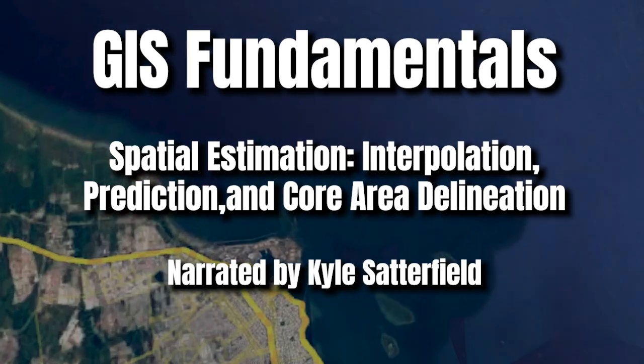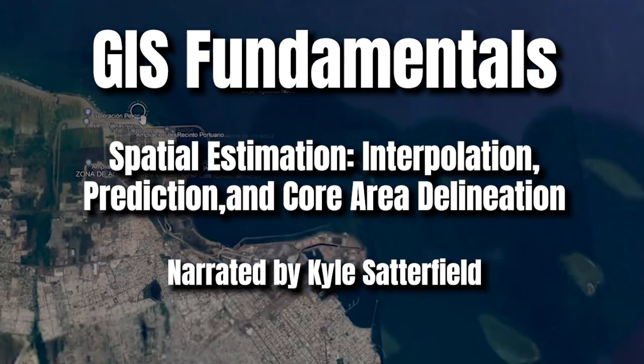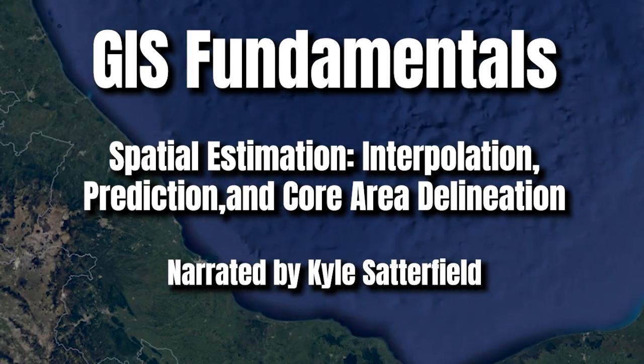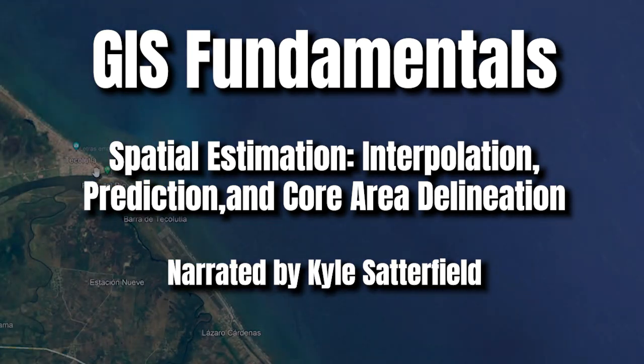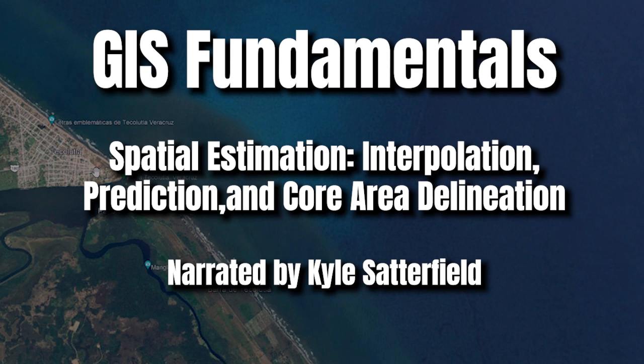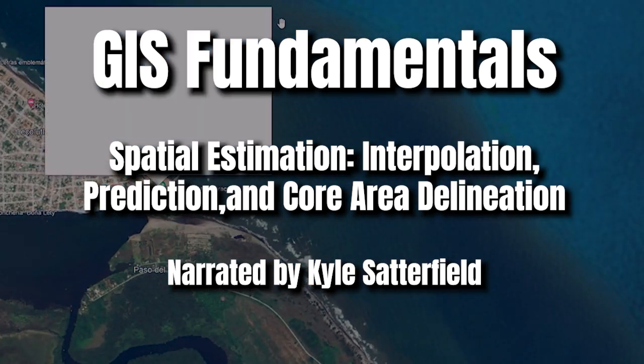Accuracy is often judged by the difference between the measured and interpolated values at a number of withheld sample points. Interpolation methods may produce one or more of a number of different output types.